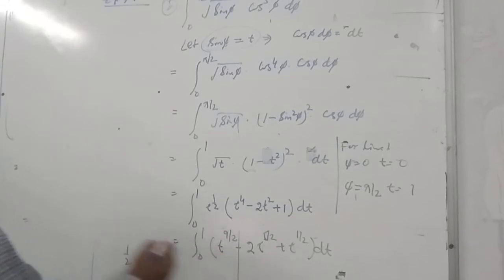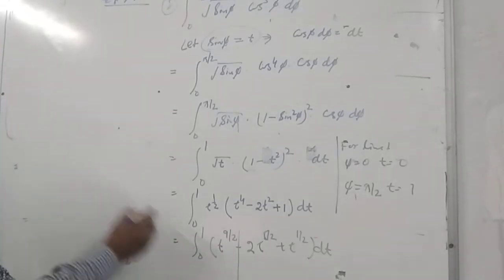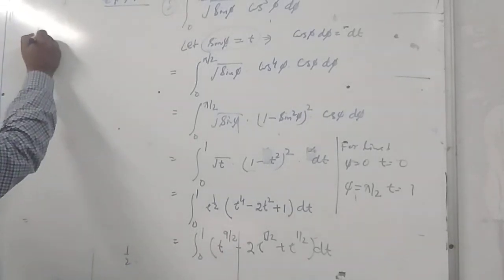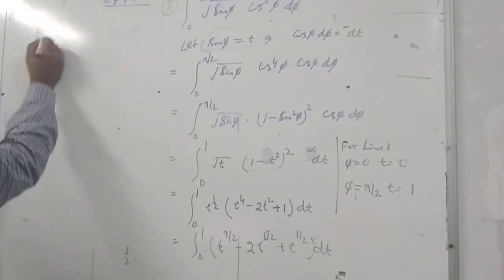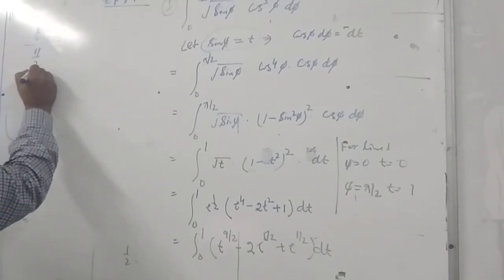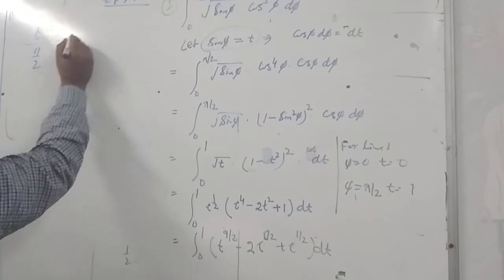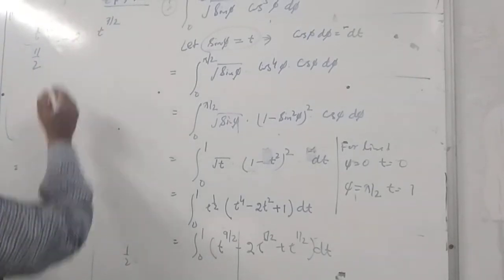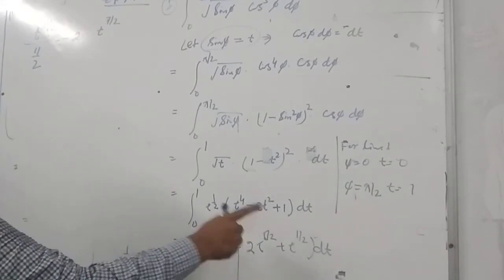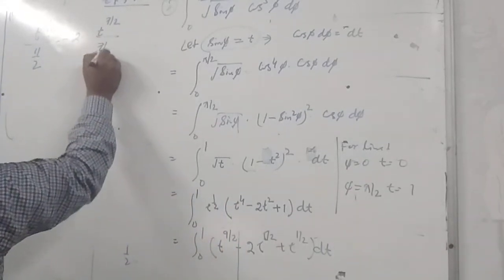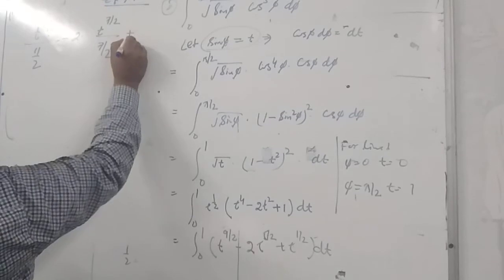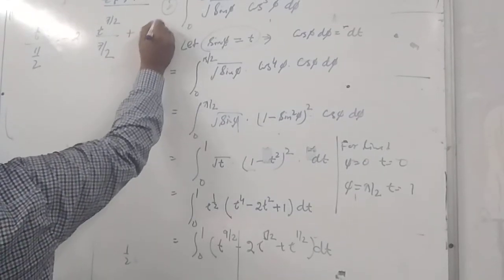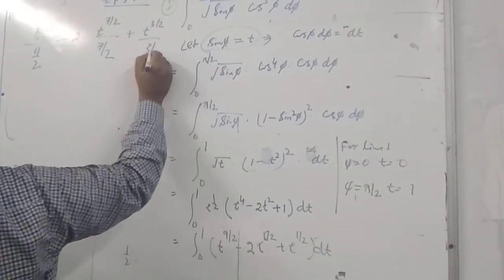Now t to the power 9/2 becomes t to the power 11/2 upon 11/2, minus 2 times t to the power 7/2 upon 7/2, and plus t to the power 3/2 upon 3/2.